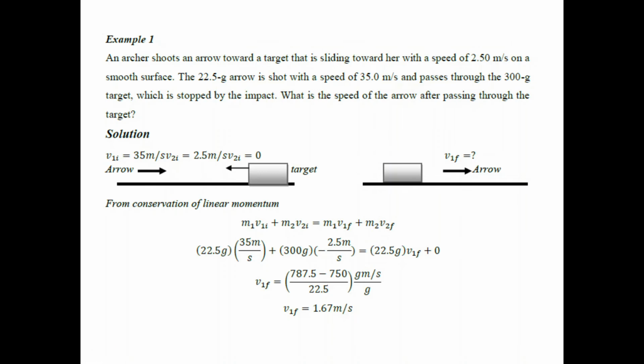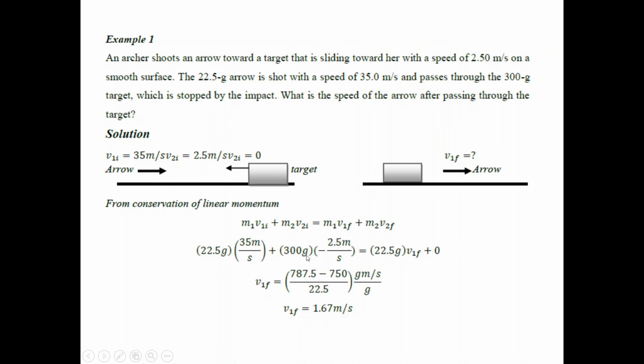Okay, so we simply apply conservation of linear momentum. We write m1 v1 initial plus m2 v2 initial equals m1 v1 final plus m2 v2 final. m1 is the mass of the arrow, 22.5 gram, and the speed of the arrow is 35 meters per second.